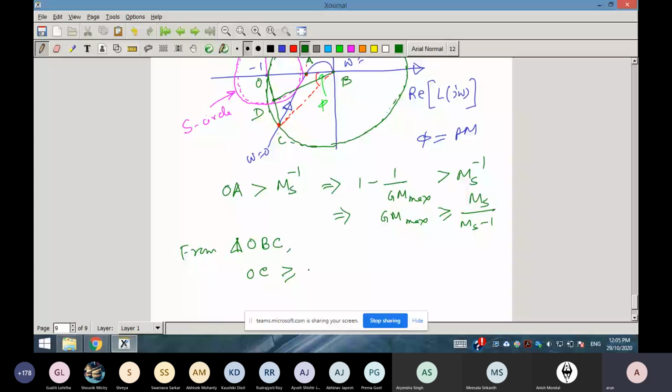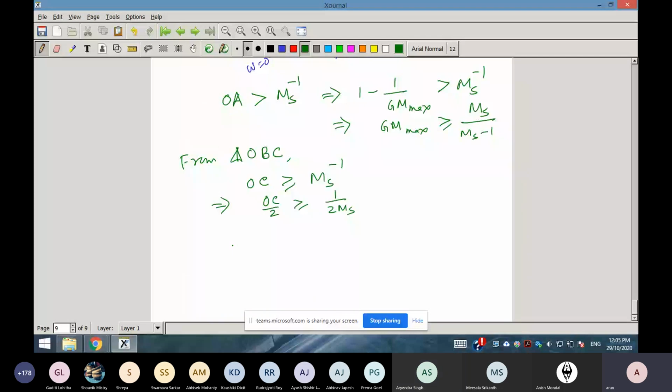So this implies OC by 2 is greater than or equal to 1 by 2 MS, and from there you can see OD is greater than or equal to 1 by 2 MS.